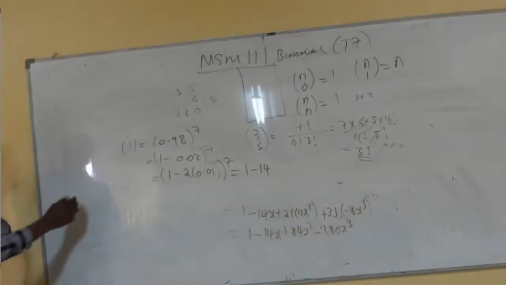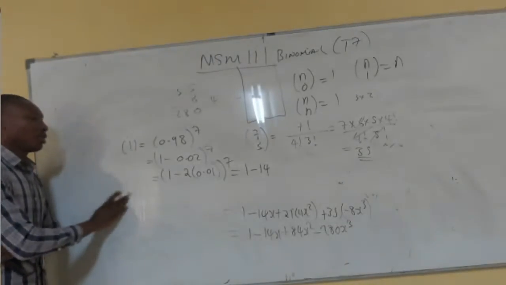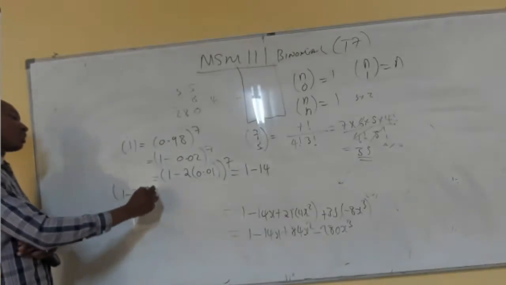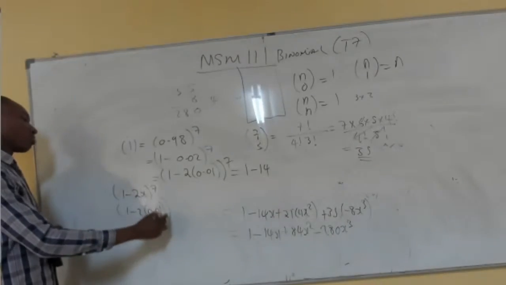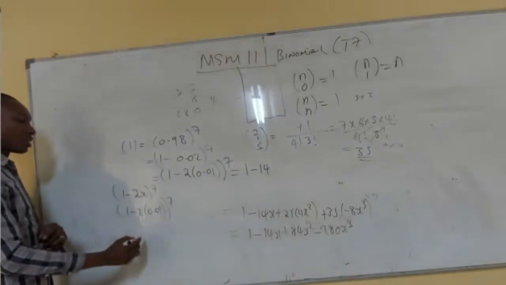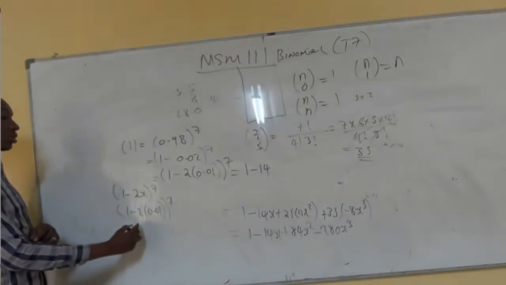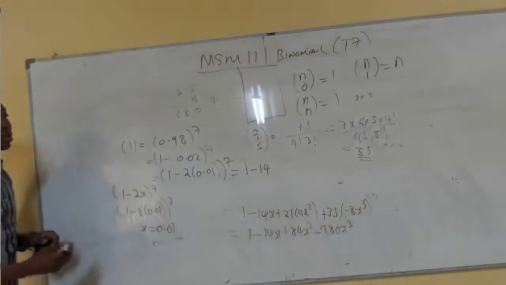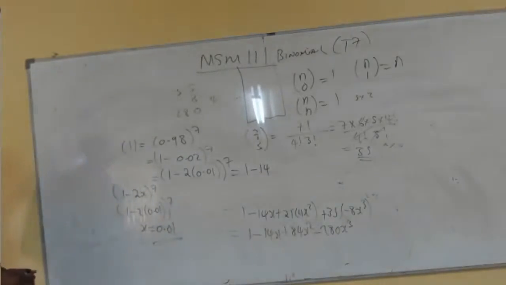Comparing 1 minus 2x to the power 7 and 1 minus 2 times 0.01 to the power 7, this is 1, this is 1, this is 2, this is 2, so x is actually equal to 0.01. So in this expansion, we're going to replace wherever there's x with 0.01.